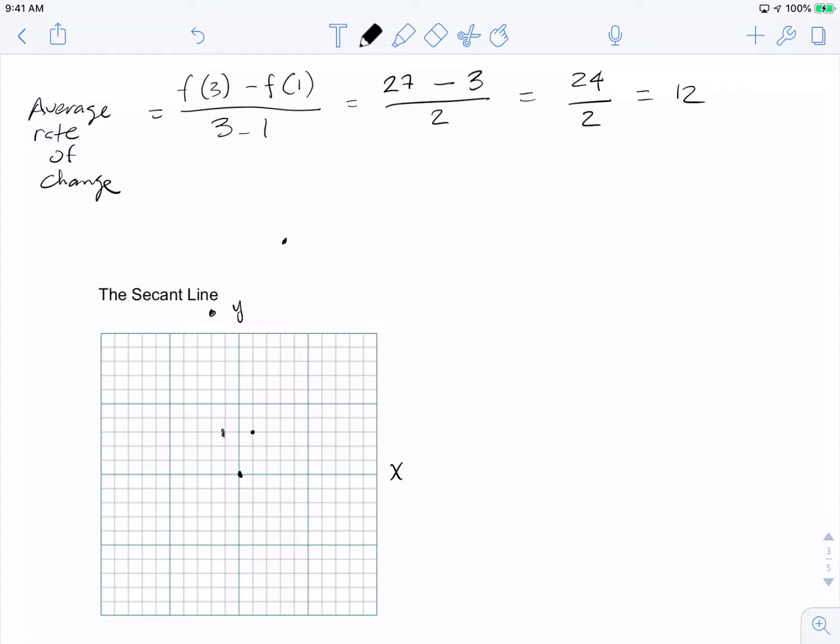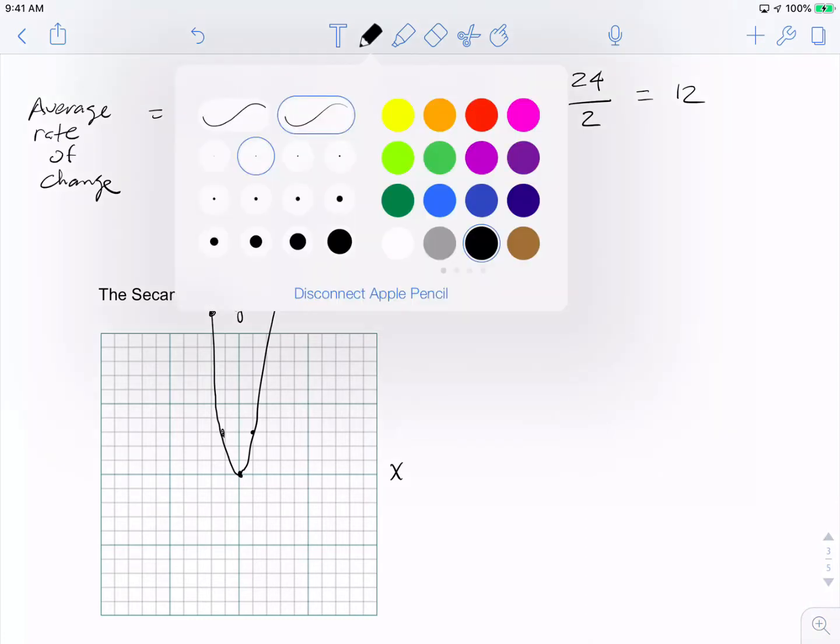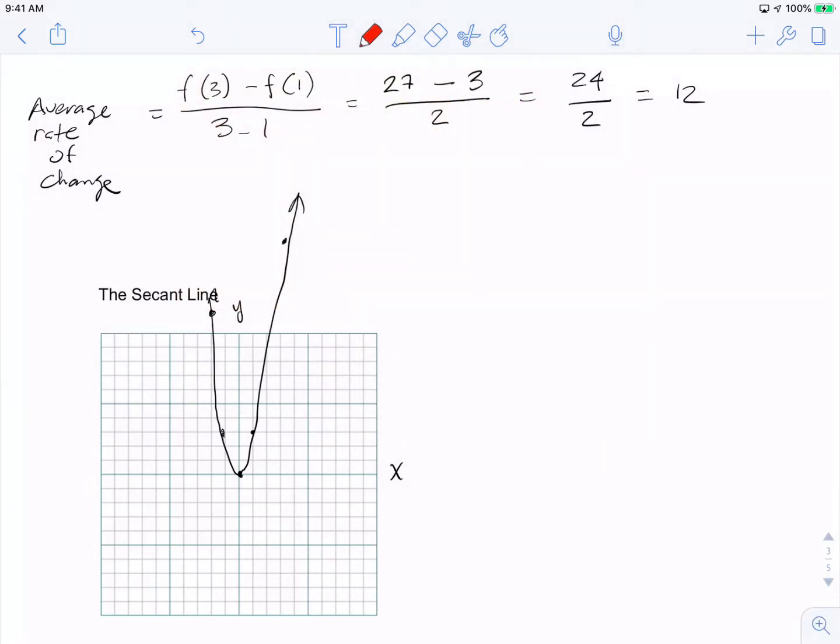So this picture is going to look like this. It's a parabola. It looks like this. And the average rate of change we're looking at is from this point to this point. And so when we find the slope of that, it's almost going to look like the curve itself because it's so steep. We can see that this slope, the slope of this red line, is the average rate of change.